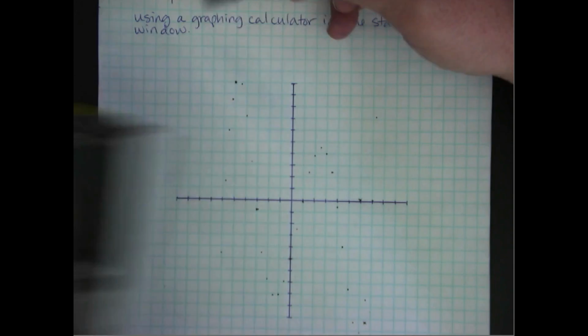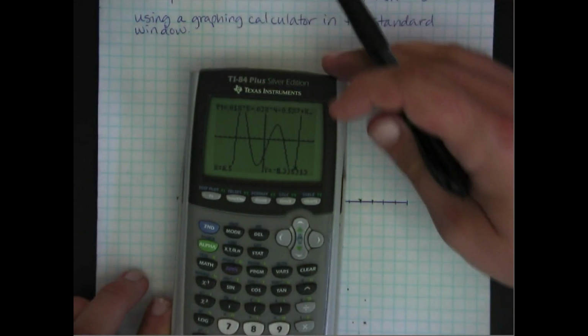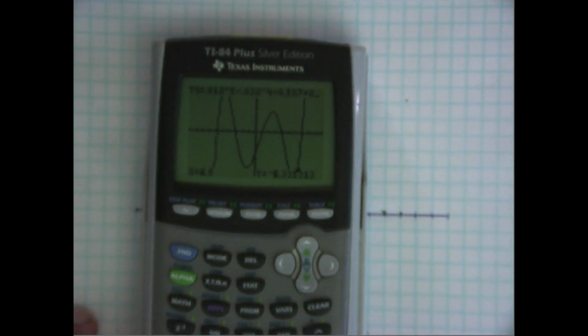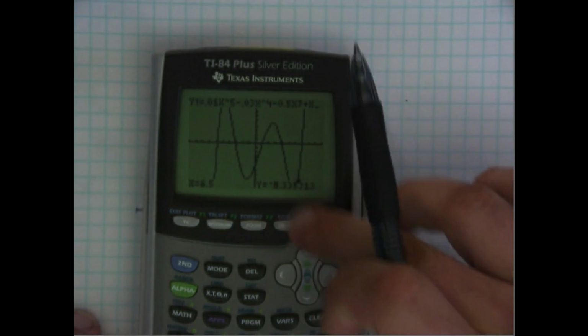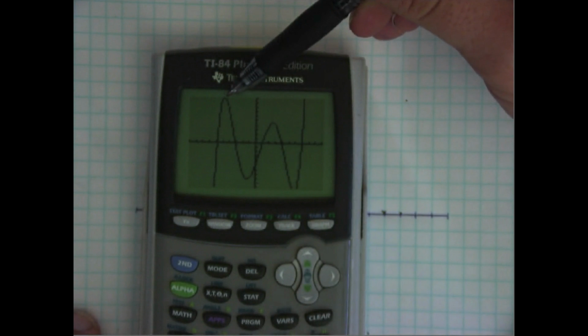Because when I look at the graph, it looks like 10 is the maximum. I don't see any. But I forgot something that I told you guys in the beginning. Don't be fooled by problems with pixelation.